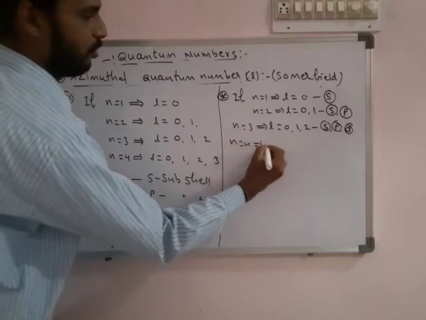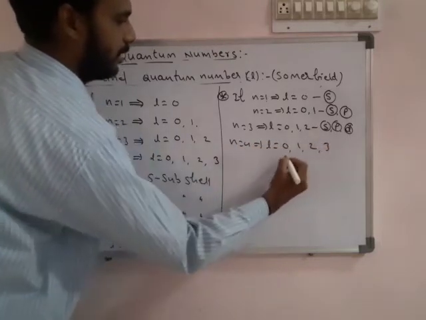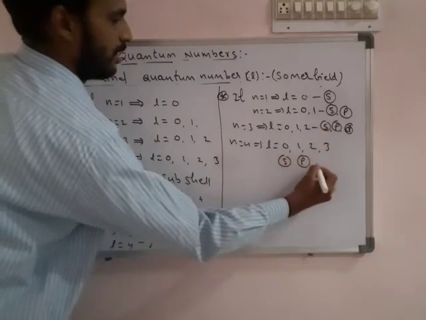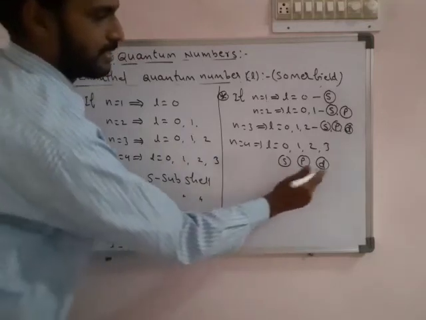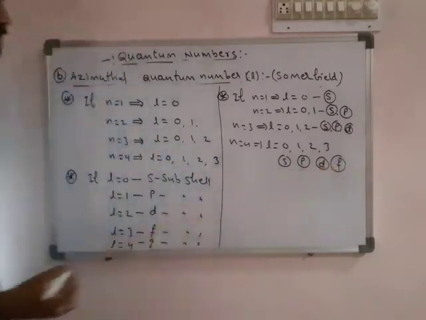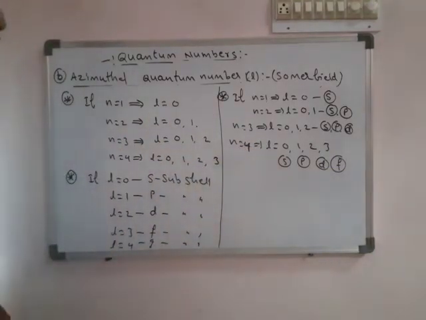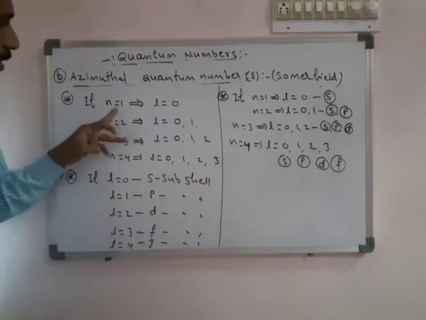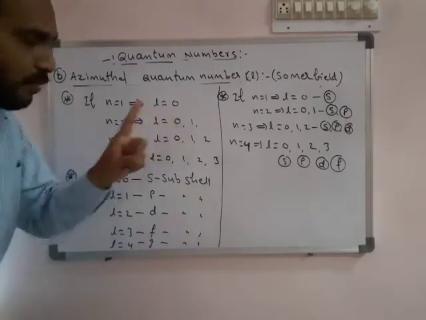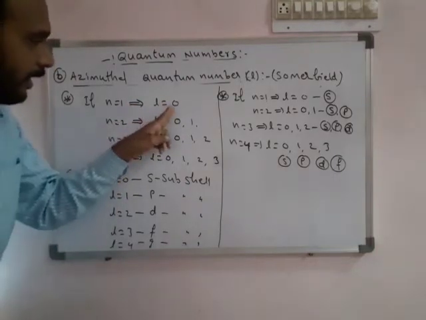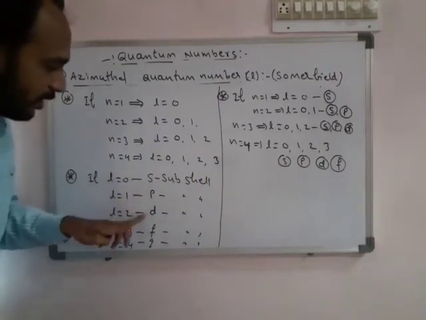If n equals 4, L equals 0, 1, 2, 3. It indicates s, p, d, f subshells, not orbitals, are present in the 4th level. So it tells about the number of subshells. One value indicates one subshell. It tells about the number of subshells and what the subshells are.